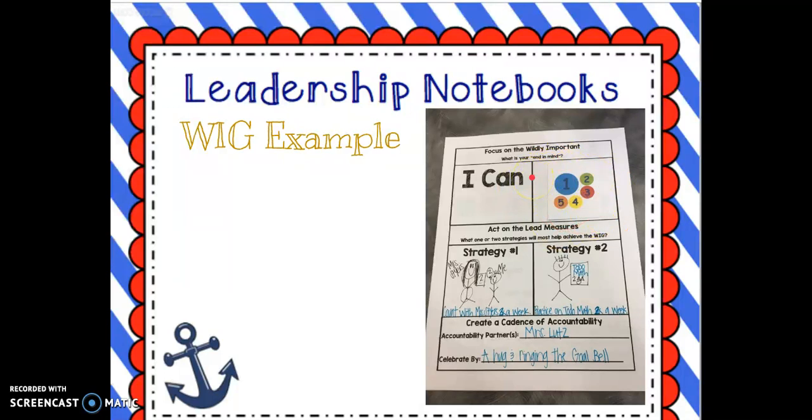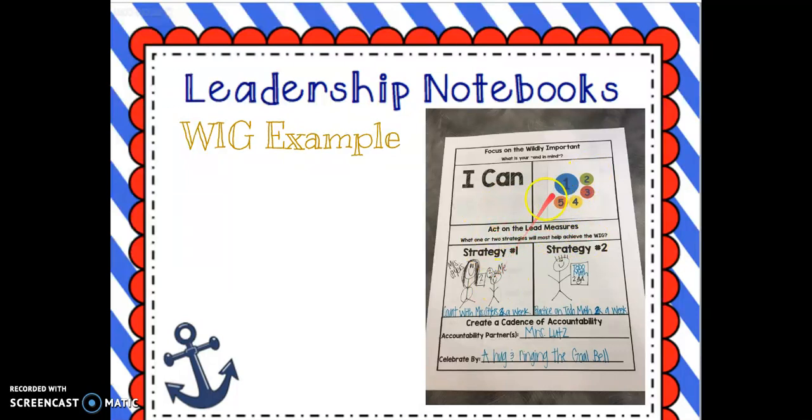So it's okay if for these students it's not written in an X to Y by when format, as long as that student can take ownership of this goal and they can communicate that their goal that they're working on is counting to 5. And then their lead measures, they pick 2 strategies.